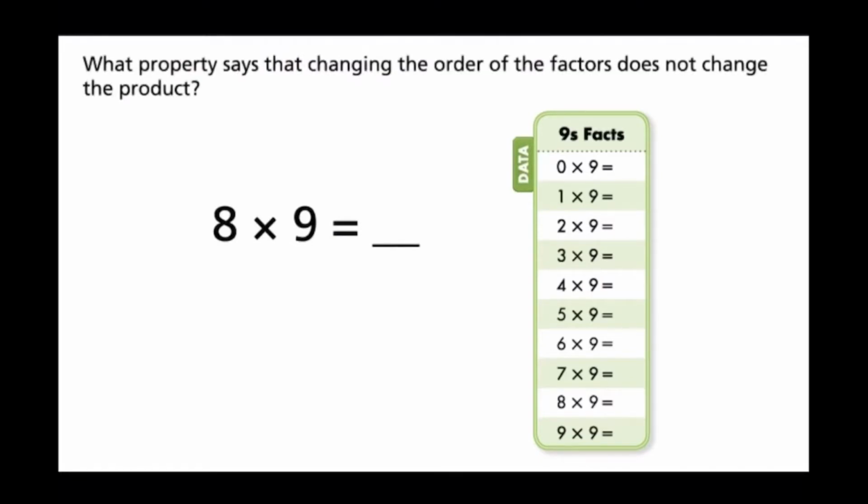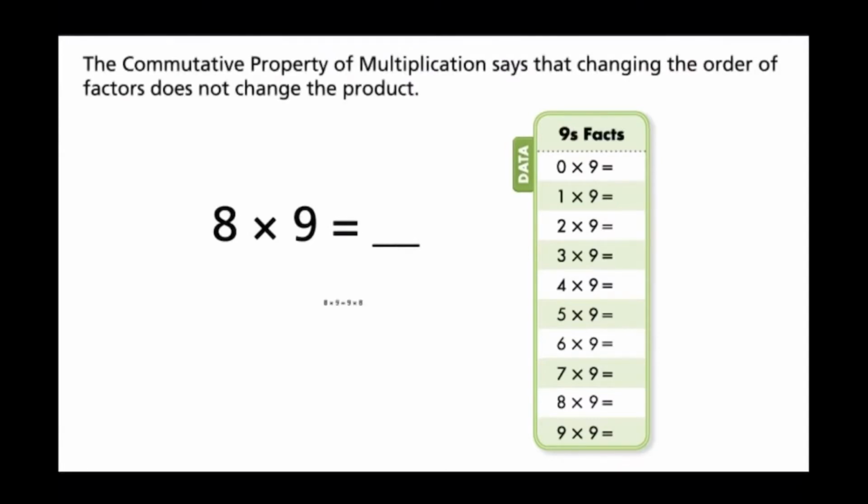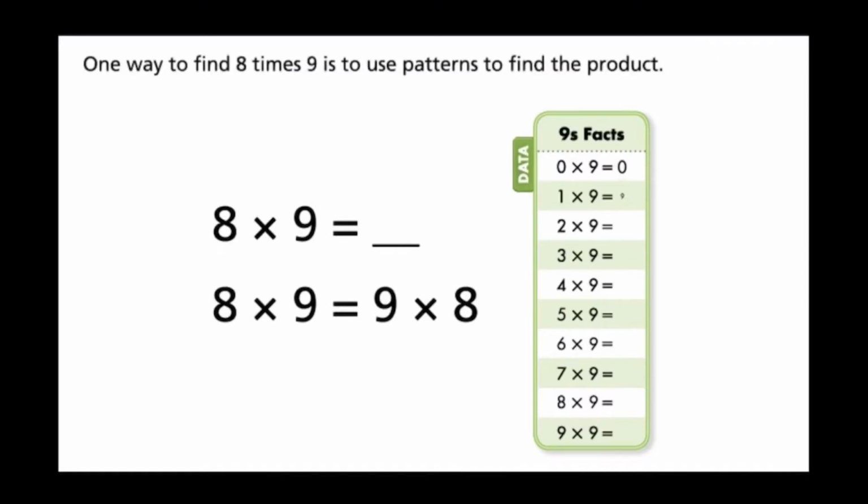What property says that changing the order of the factors does not change the product? The commutative property of multiplication says that changing the order of factors does not change the product. One way to find 8 times 9 is to use patterns to find the product.